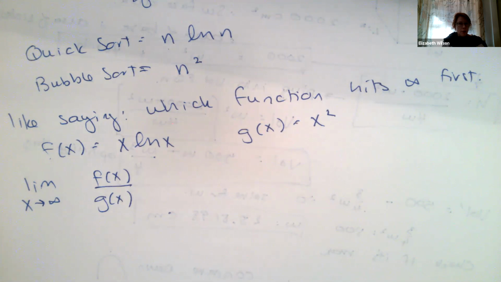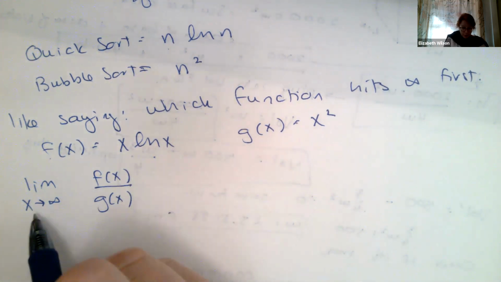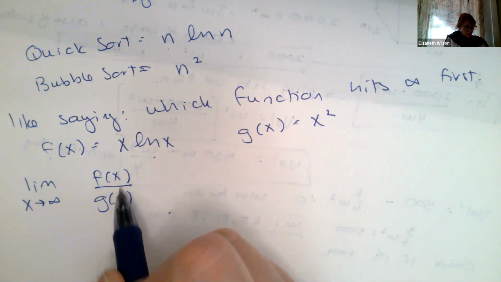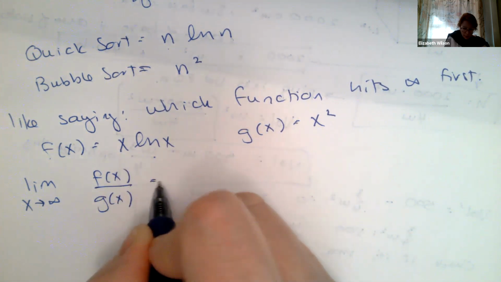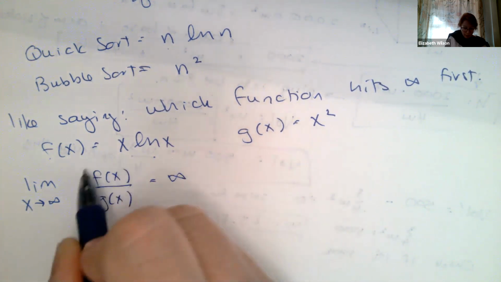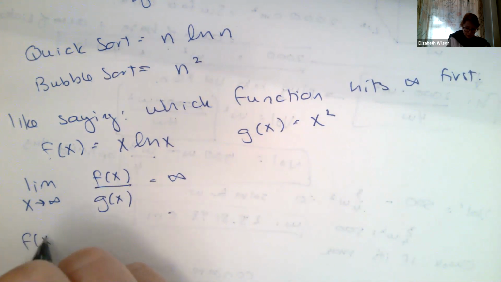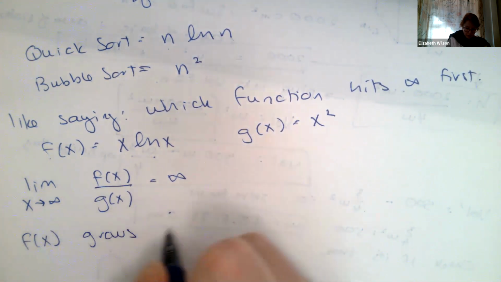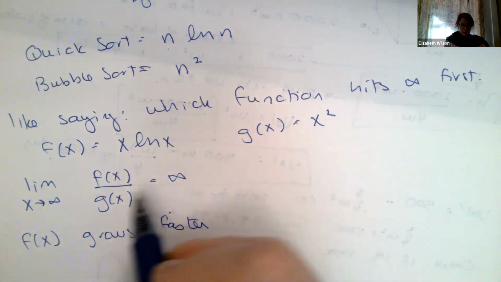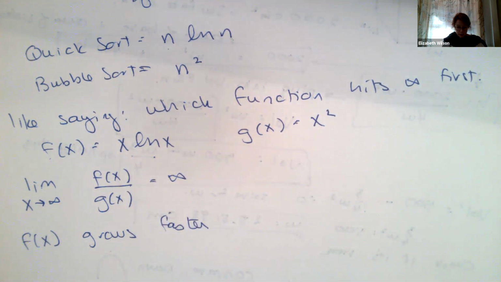But I have to know, based on the result that I get from the limit, what that's telling me about which function is going faster, okay? So as x goes to infinity, if f of x over g of x equals infinity, that means that my f of x function grows faster, right? Because f of x is going to infinity.